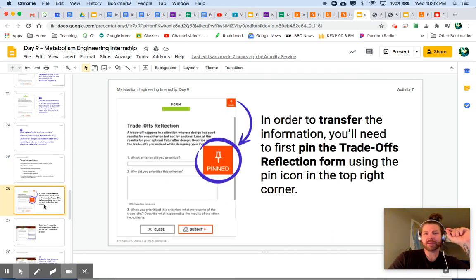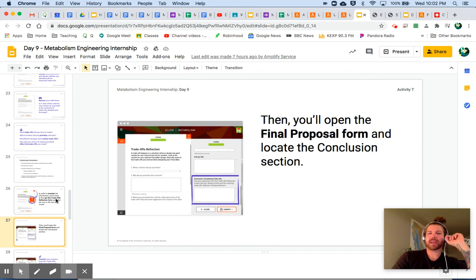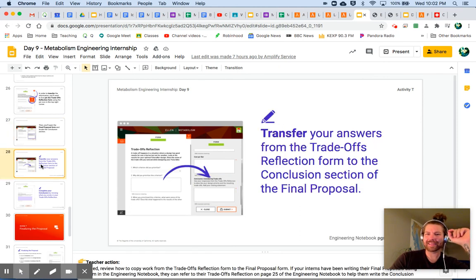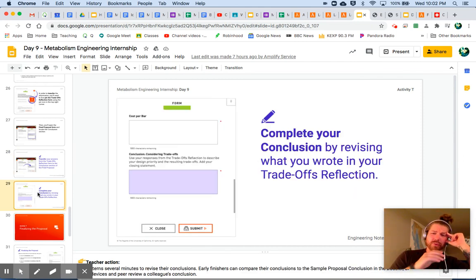Hey, you can do the same thing that we did previously with your trade-offs reflection and pin it and use it kind of as a guide for your conclusion, because there's a lot of good information that you're going to want to include in there. You could just transfer it, but don't just leave it as is. If you copy and paste your responses from the trade-offs reflection, make sure you go back and fine tune it.